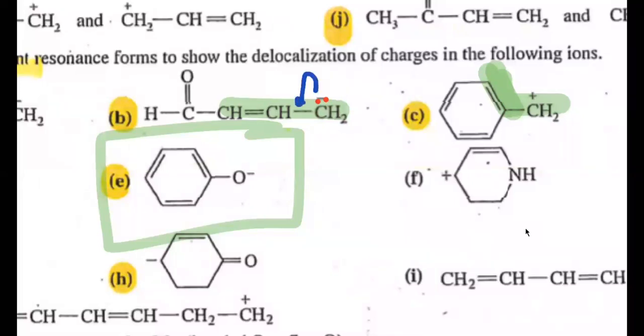Now, what's going to happen to the pi bond between the two CHs? Don't you have to break it? I have to break it. And I have to put it right here on that carbon, don't I?